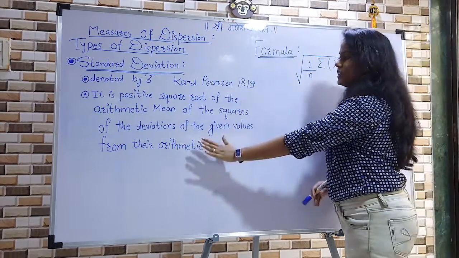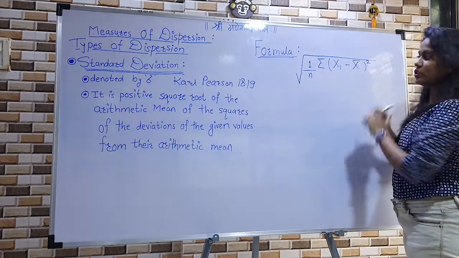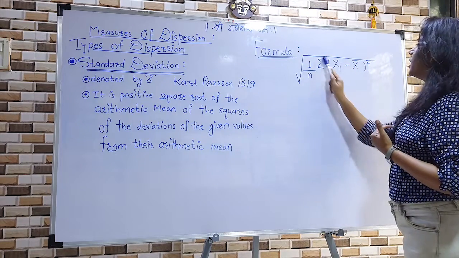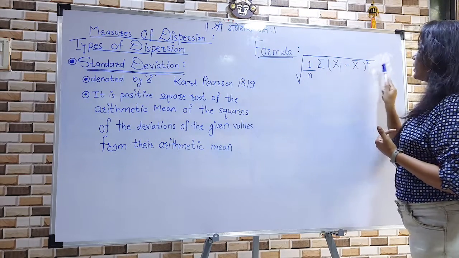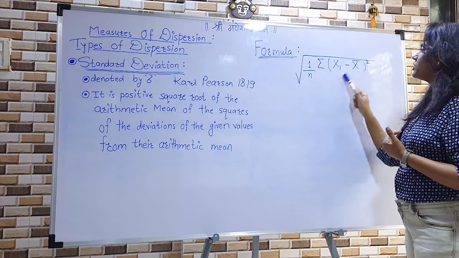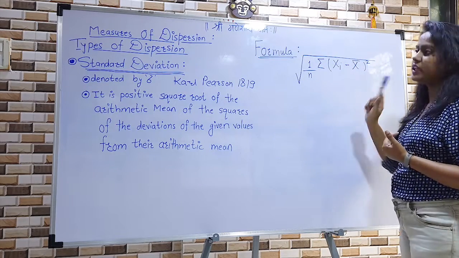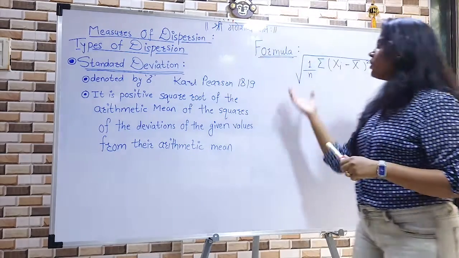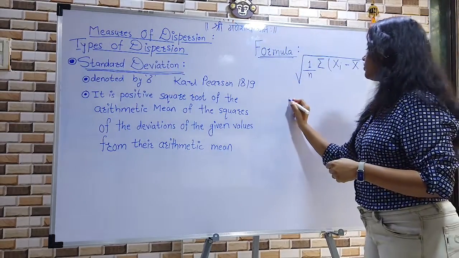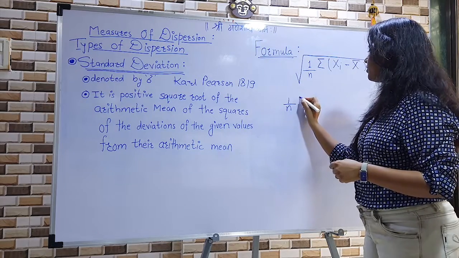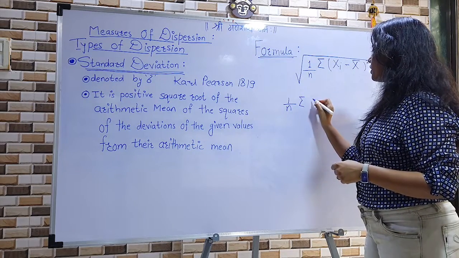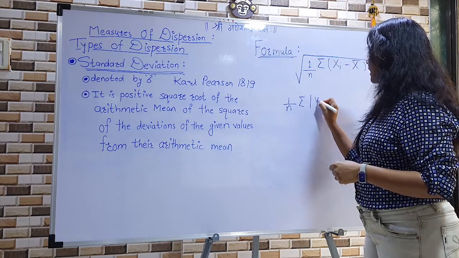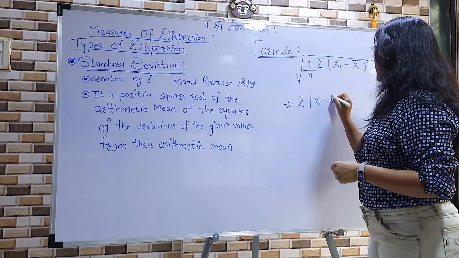Now just keep this and let's try to focus on it. I am again repeating, the square root of the arithmetic mean of the squares of the deviations of a set of values from its mean is nothing but the standard deviation. Before the standard deviation we discussed the mean deviation, which is 1 upon n summation of mod of xi minus x bar.